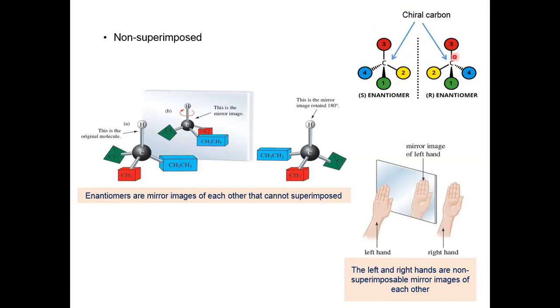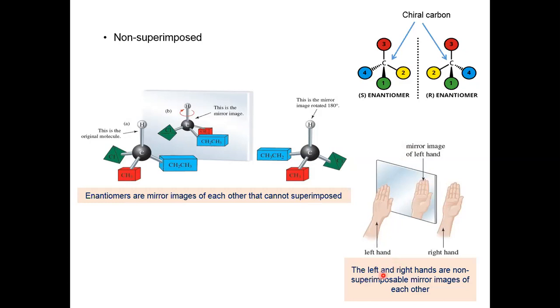When we rotate this mirror image and overlap it here, it will not overlap nicely. It will only overlap the red and the green substituents, but the yellow and the blue cannot be overlapped nicely.